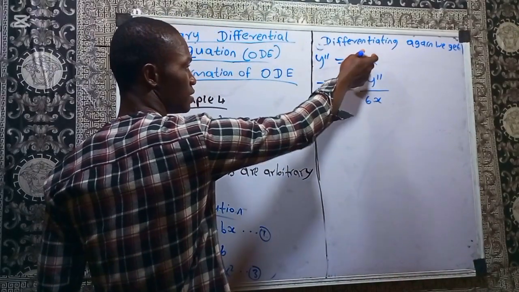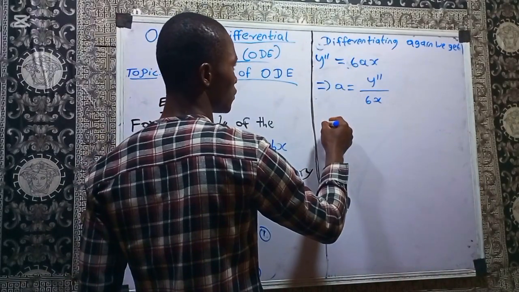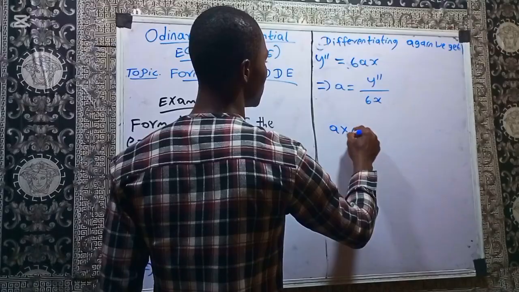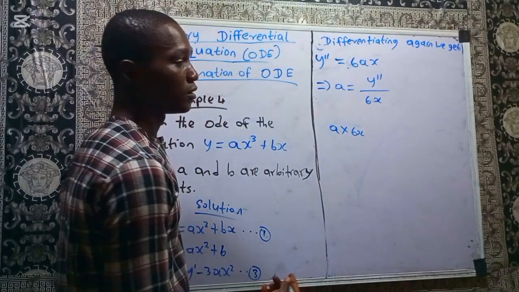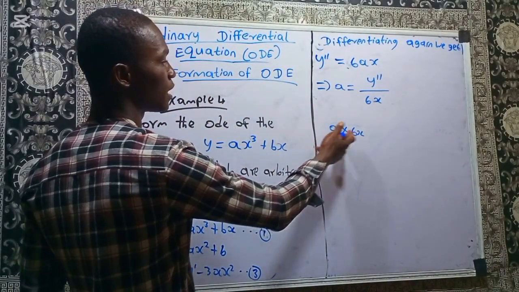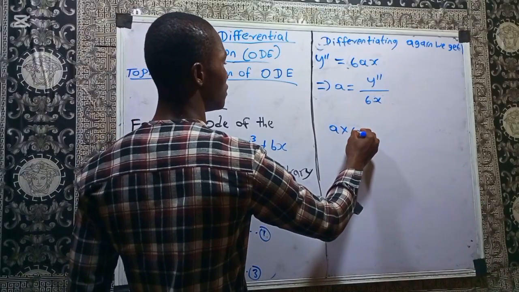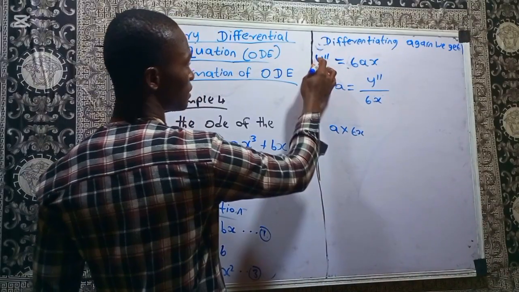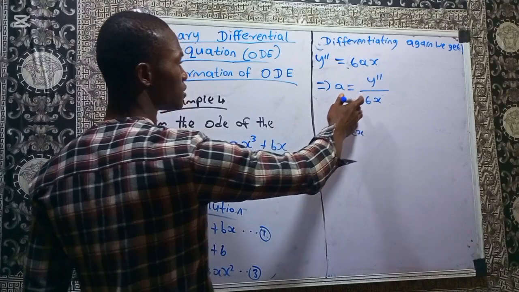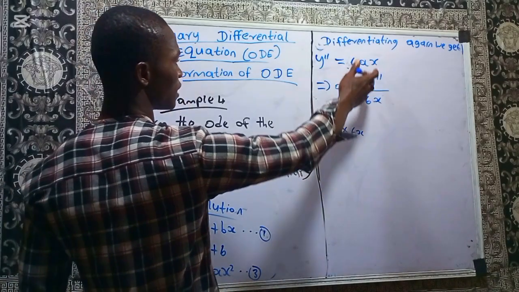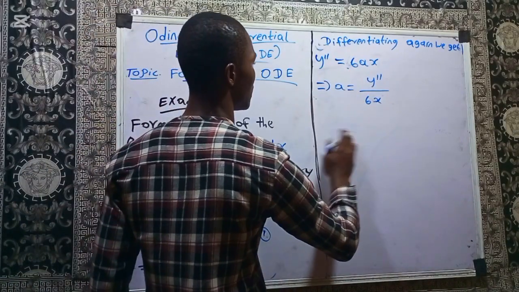If you write this 6ax, you can write it as a multiplying 6x, which you can make a the subject by dividing both sides by 6x. We divide this side by 6x, divide this side by 6x. That's how we got that a is equal to y prime prime divided by 6x.